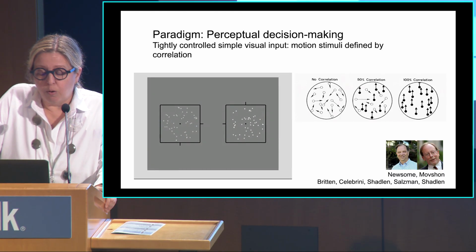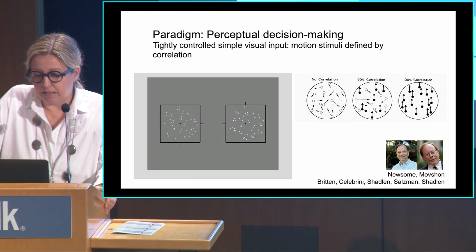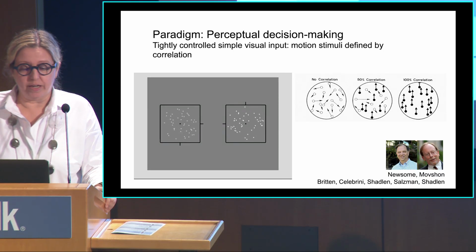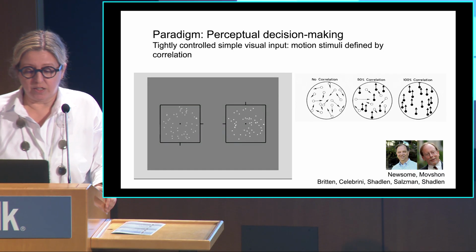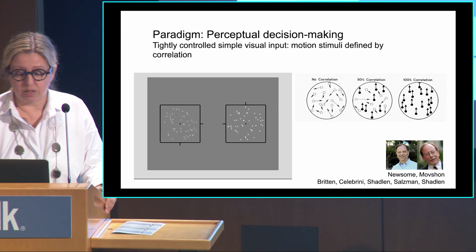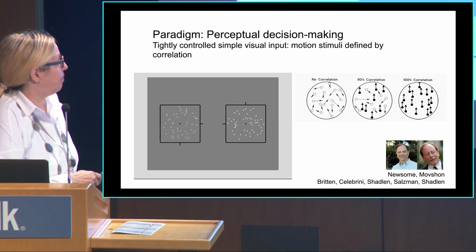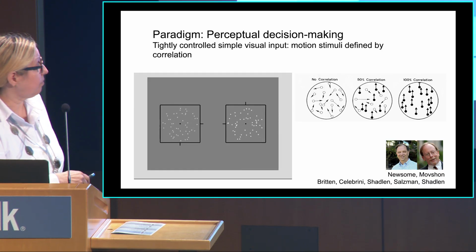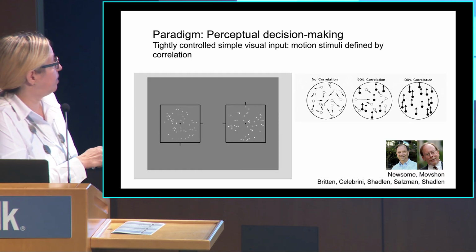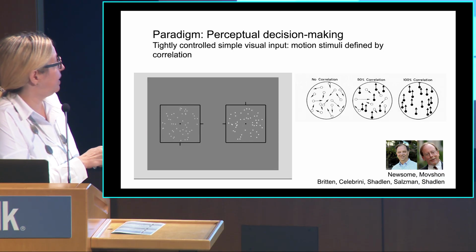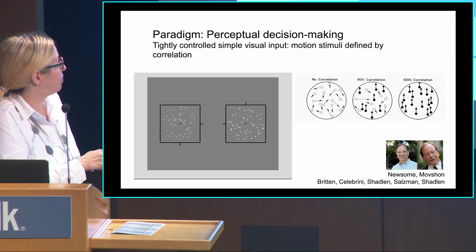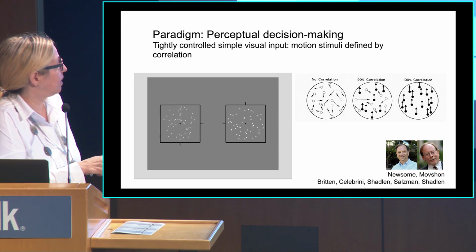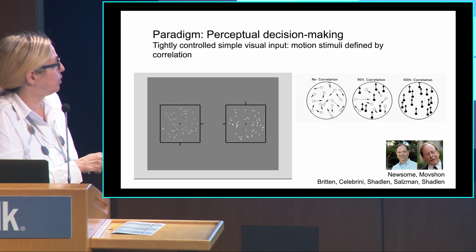What has been quite important in that study is the seminal work on perceptual decision-making by Newsome, Movshon and colleagues, with very tightly controlled simple visual stimuli, looking at how we perceive direction of motion. So here you have a random dot stimulus where the dots, like a cloud of bees, go everywhere. You could still try to make a choice, does it move right to left? And here's a coherently moving stimulus moving to the left.